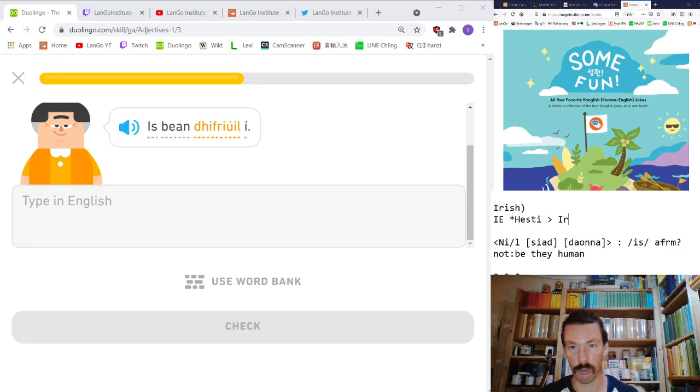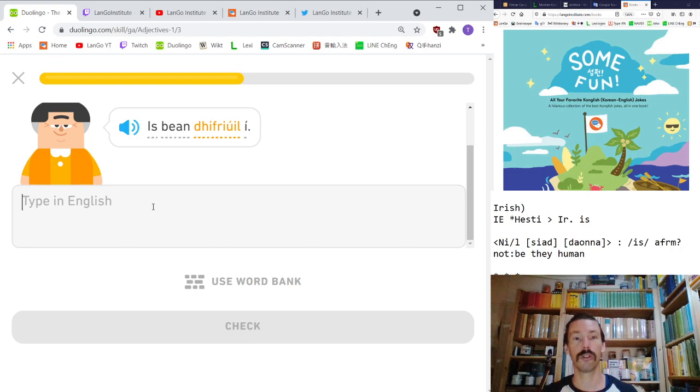I think that would be the root of Irish is, right? So what I'm saying is you've got a cluster here. That could be important, maybe not. Clusters, or the number of consonants, doesn't really affect palatality. Otherwise, all right, bean, it's the first noun in its phrase. There's no way it's going to be mutated. Is a verb.